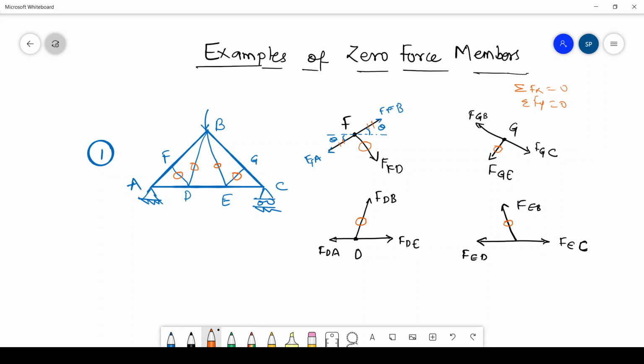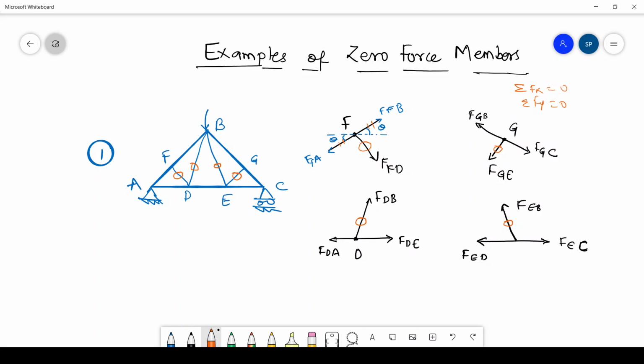Means what? All these four member forces are straight away 0. So you need not analyze joint D, analyze joint E. So straight away with 3 joints only, this entire truss can be analyzed. So this is how you can reduce your work of truss analysis by identifying zero force members of a given frame by just visual observation.